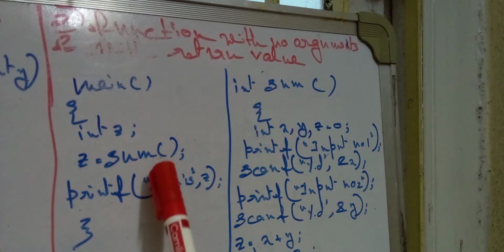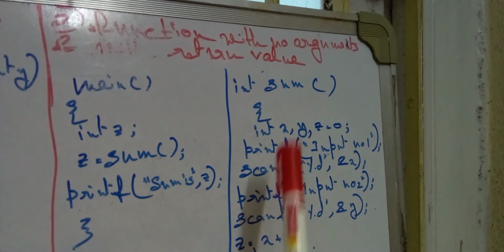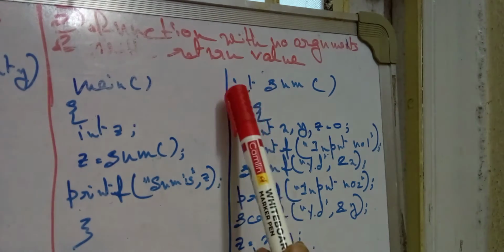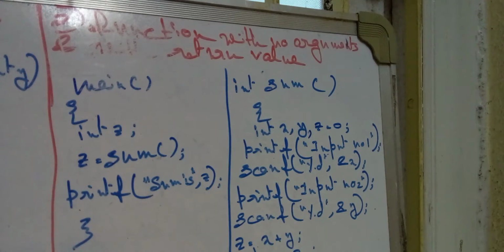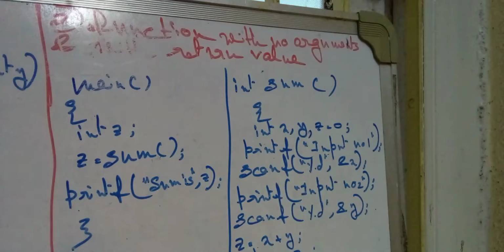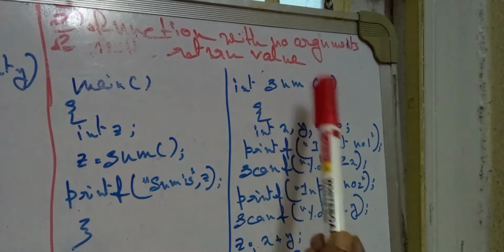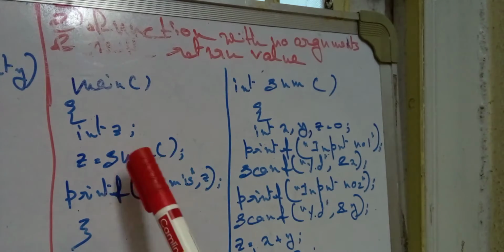Here this parenthesis is empty because there is no argument. This is the function. Here the return type is integer, the function is sum, and this argument parenthesis is empty because it's not catching any arguments. No arguments are passing from the main function.